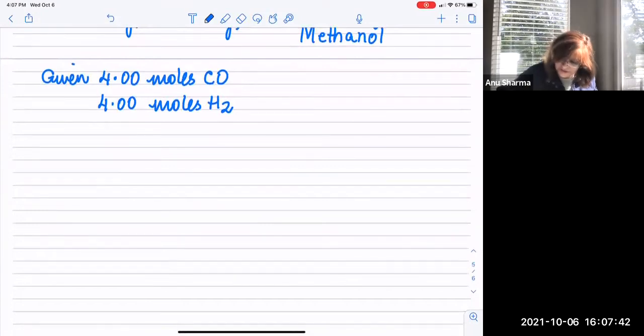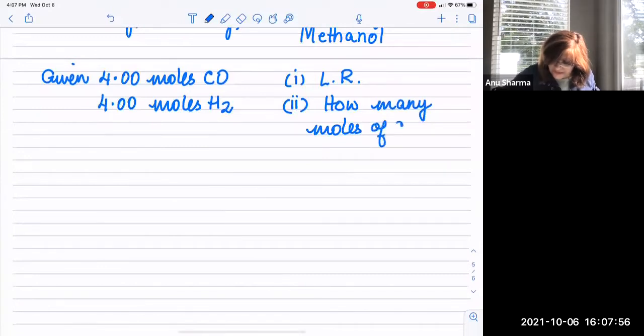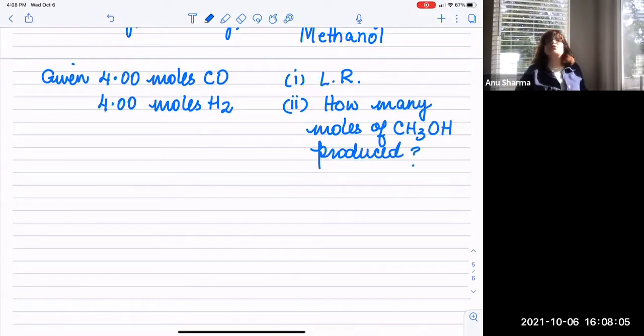So the question is, what is the limiting reactant, and second, how many moles of methanol can be produced?